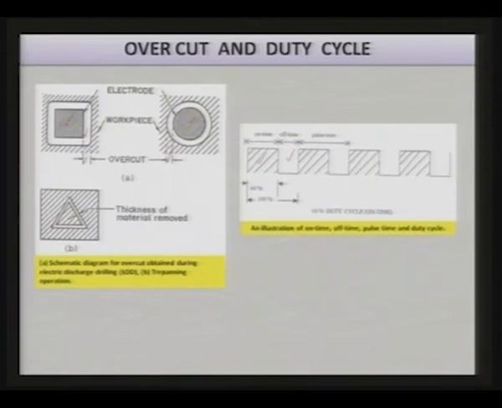The ratio of on time divided by on time plus off time, that is given like this, T_on over T_on plus T_off. This tells you the duty cycle, and this is very important. It decides the material removal rate also, and in place of square voltage pulses as shown over here, they can be of other shapes also, which are used for minimizing the tool wear, and accordingly you can decide what is going to be the on time and what is going to be the off time.